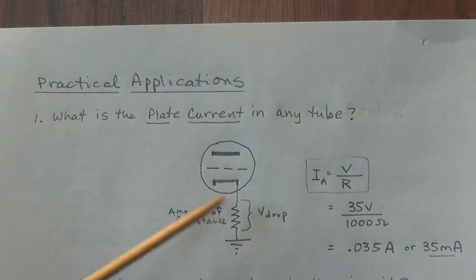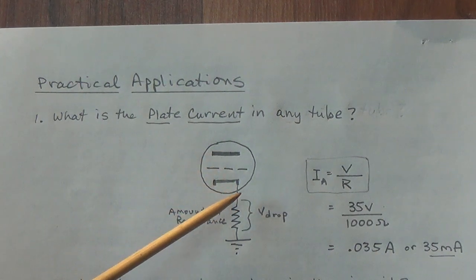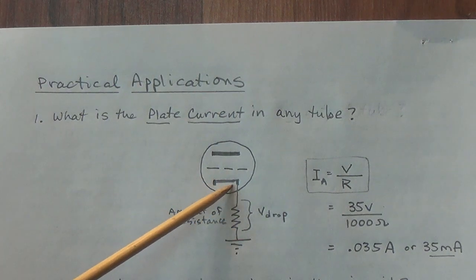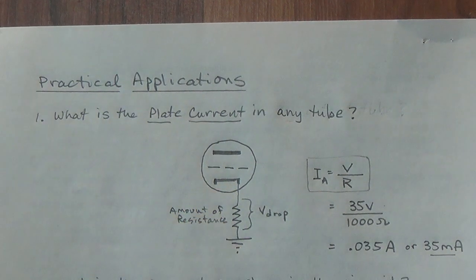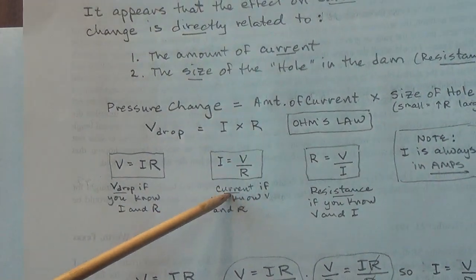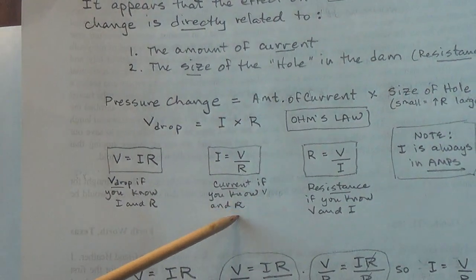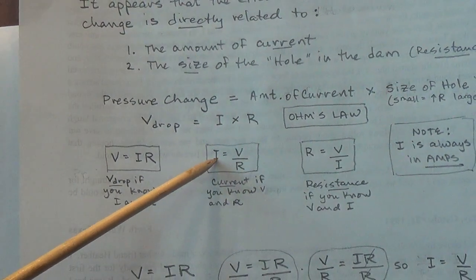But for this presentation, let's just consider the 90% of all the tubes in any amp which have cathode bias resistors. If you want to know the plate current in that tube, in other words, I want to know the current if I already know the voltage and resistance, I'm going to use this formula.